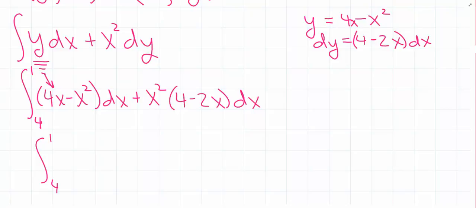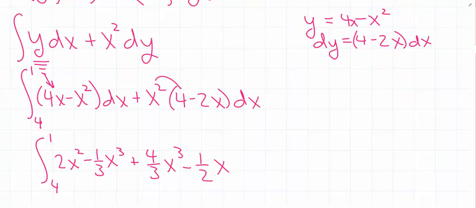Now this one right here is going to be 2x squared minus 1/3 x cubed. Okay, and then we've got plus, this is 4x squared, so that's going to be 4/3 x cubed, right? If I distribute through there. And then this is negative 2x cubed, so that's going to be negative 1/2 x to the 4th.